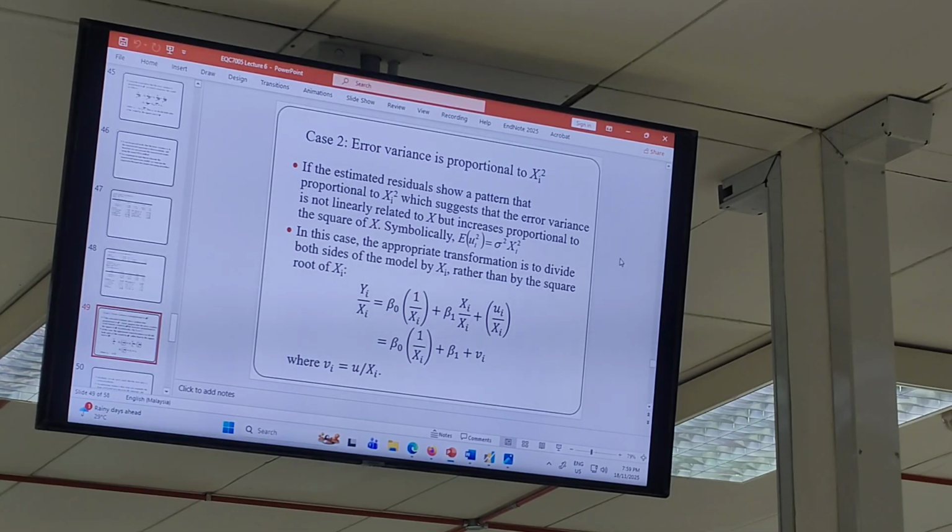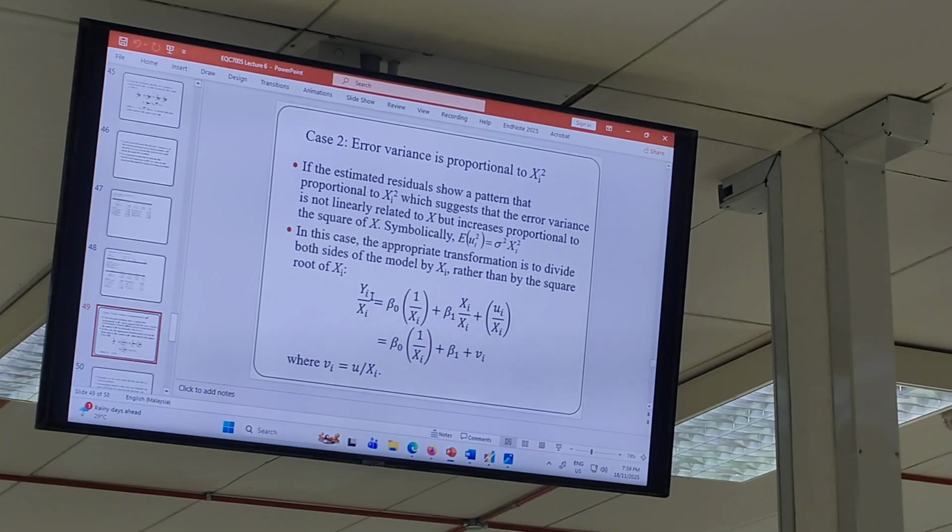So the variance of u, the variance of the error term, is sigma squared x squared i, not x but x squared. In this case, the appropriate transformation is to divide both sides of the model by xi rather than by the square root of xi.